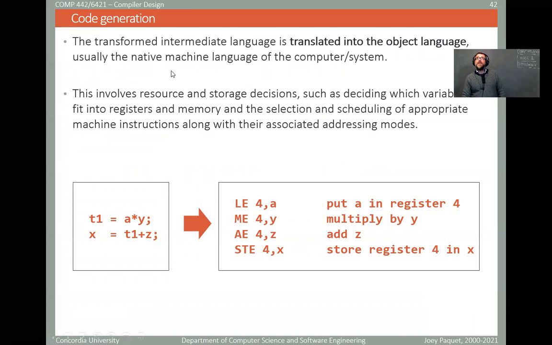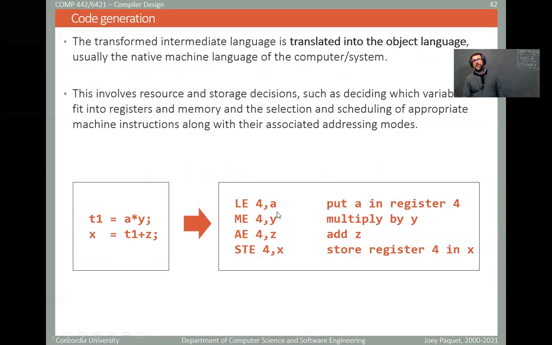Then the last part is code generation. What you want to do there is to take this intermediate representation, which is not yet executable code, and then translate it into executable code. Okay. So essentially here you would be looking for some kind of pattern in a line.